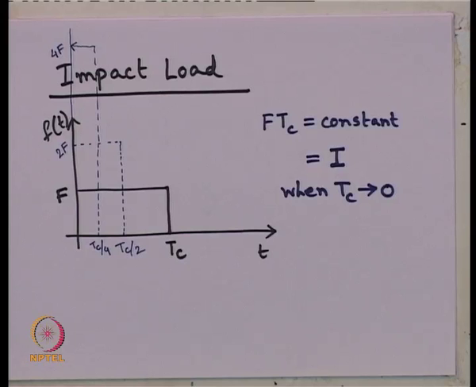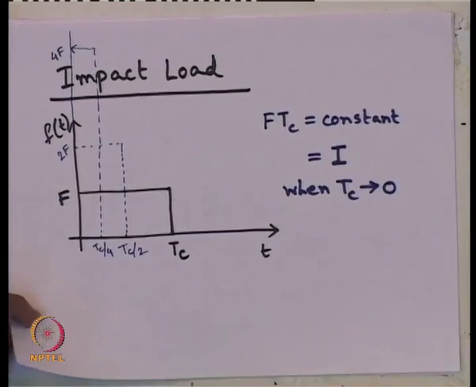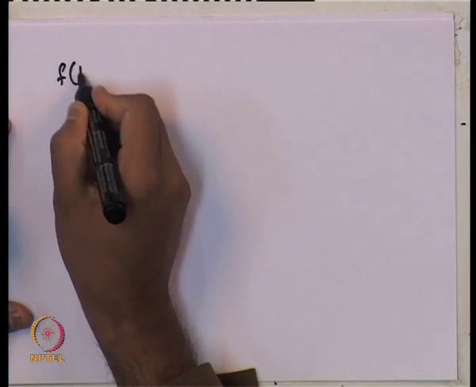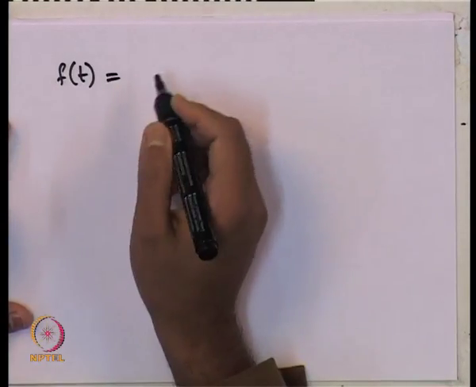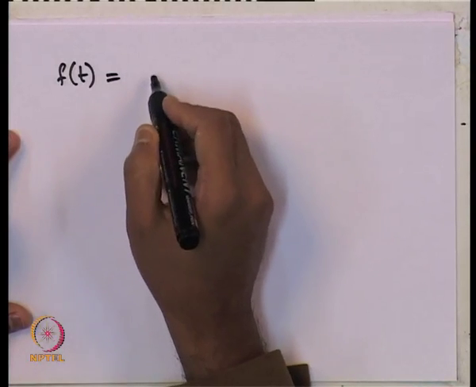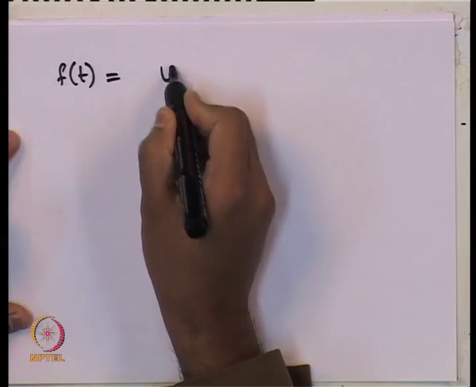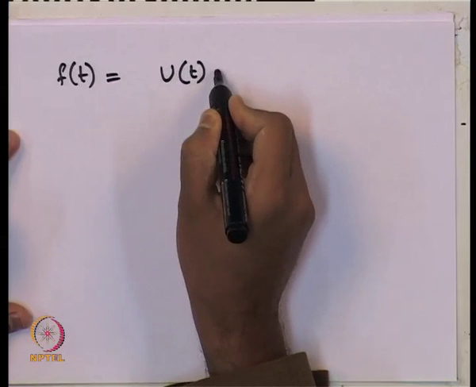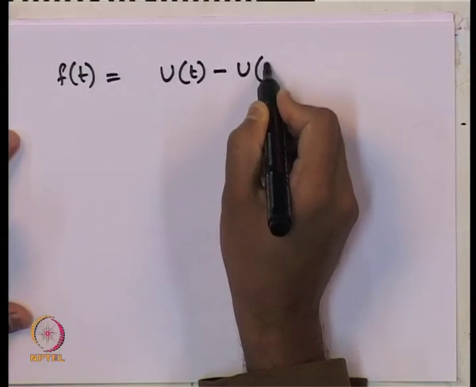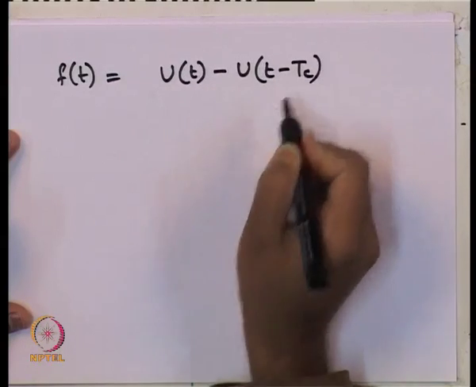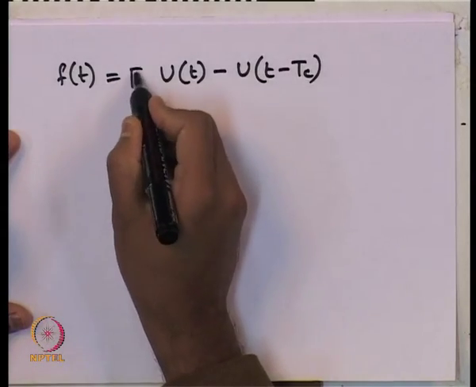So, in terms of our knowledge of Heaviside step function, how can we express this load? Let us see. So, f of t can be expressed as, for unit load it is u of t minus u of t minus T c, times f.